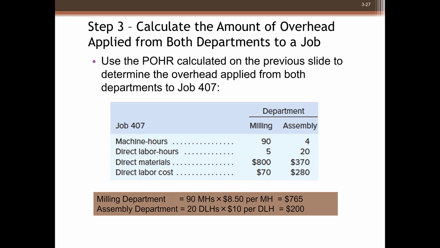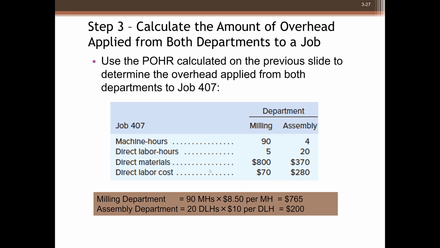So we will just use machine hours consumed by the milling department to calculate MO cost. Direct labor hours consumed by the milling department, 5 here, is not relevant. For the assembly department, direct labor hours are the allocation base. We will just use the 20 direct labor hours consumed by the assembly department to calculate MO cost. The 4 machine hours here is not relevant.